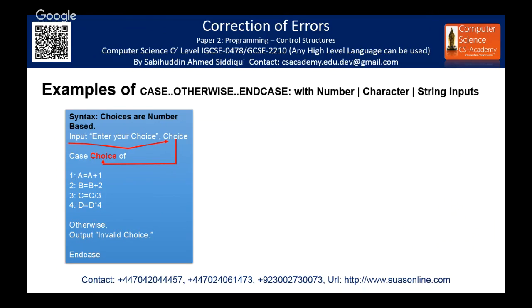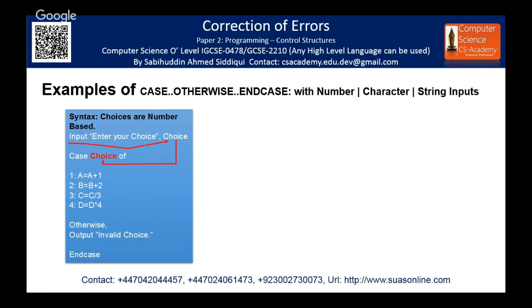Now here, if the choice is 2, you will see that the even numbers will start. And for 3, the division is done by 3, and for 4, it is multiplied by 4. So you have set 4 options, and the 4 options correspond to the choice entered.